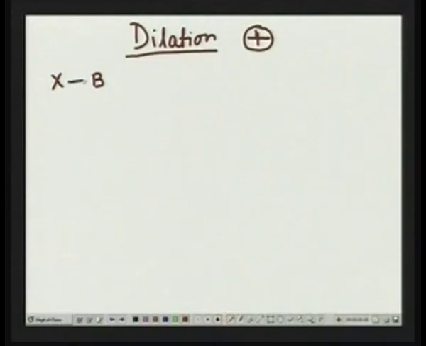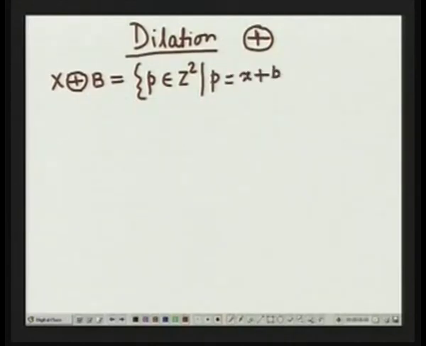We represent X dilation B like this, and X dilation B is defined as the set of points P, obviously in the two dimensional space, which we have written as Z square, such that P is equal to X plus B, where X belongs to capital X and B belongs to capital B.